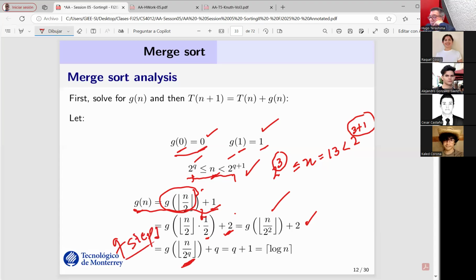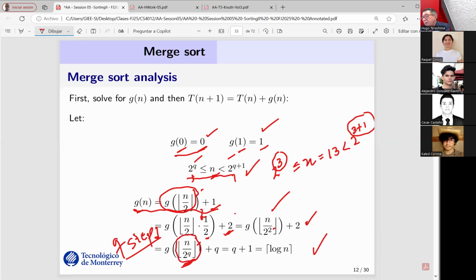Why q steps? Where do I want to stop in the recursion, in the substitution? Because here I'm going to have n over 2 squared, n over 2 to the cube, n over 2 to the 4, etc. So where do I want to stop here?